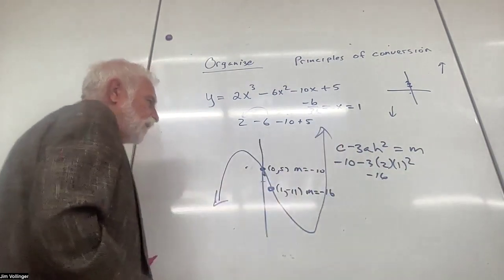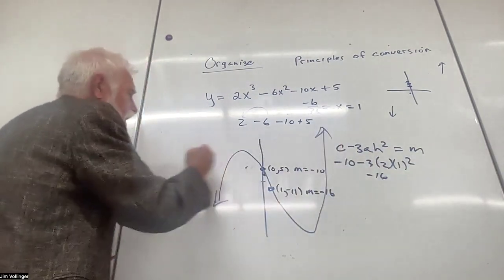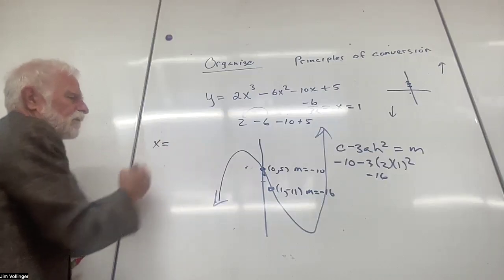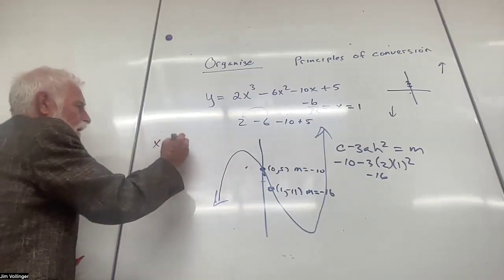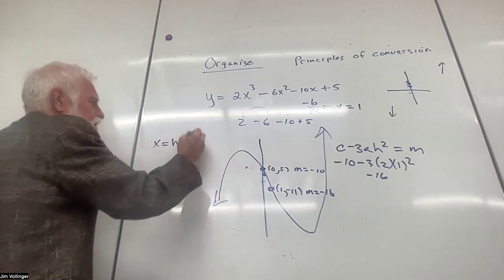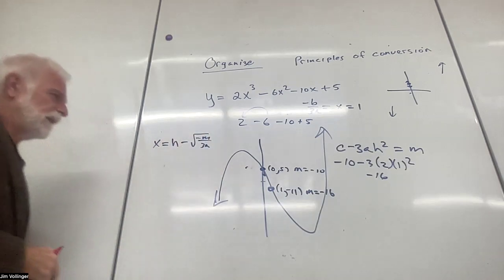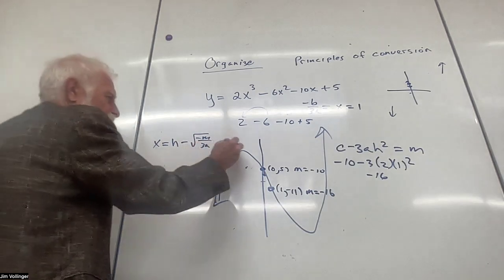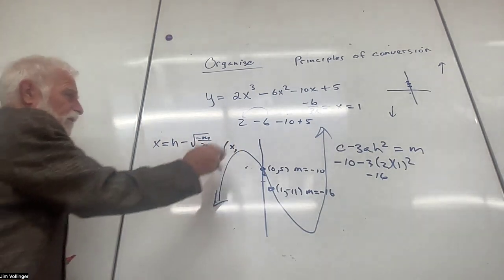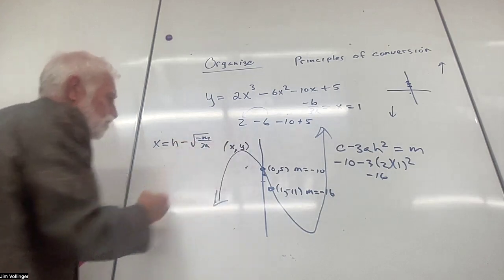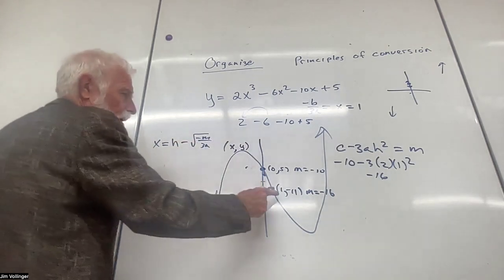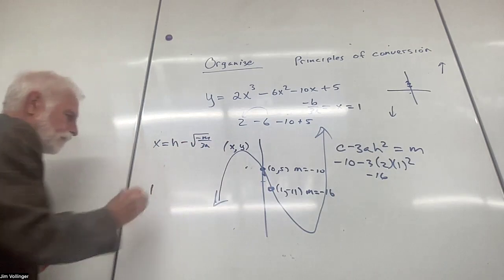All right, point of inflection. And if I want to find that, the x value comes from, let me remember, h minus the square root of minus m over 3a. All right, so that's the x value. I'm probably not going to drop that x value into the equation to find the y, but I'll just do it quickly. h is positive 1.